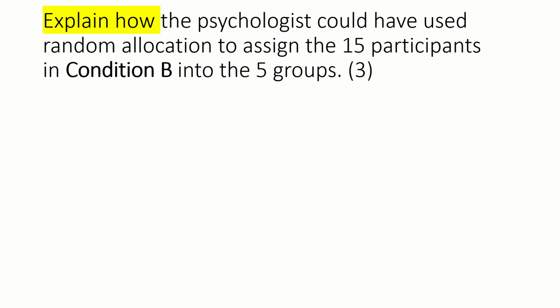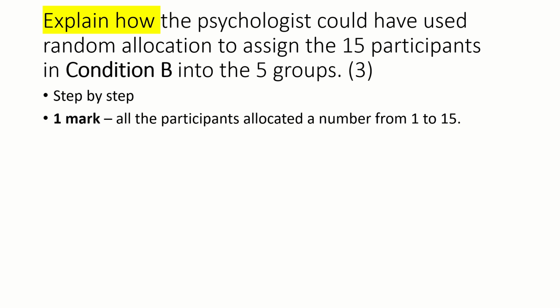Explain how. So hopefully you've highlighted that step-by-step guide. The psychologist could have used random allocation to assign the 15 participants to condition B. So specifically condition B. So it must be a step-by-step guide. And the way you get the 3 marks is 1 mark for saying all participants are allocated a number from 1 to 15.